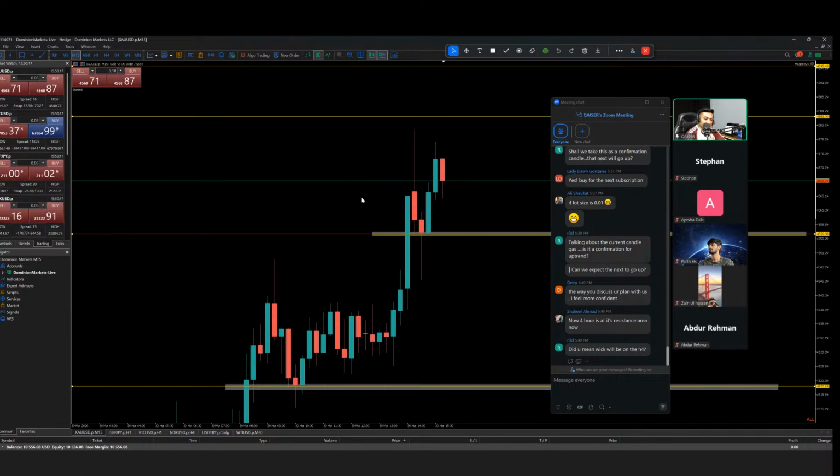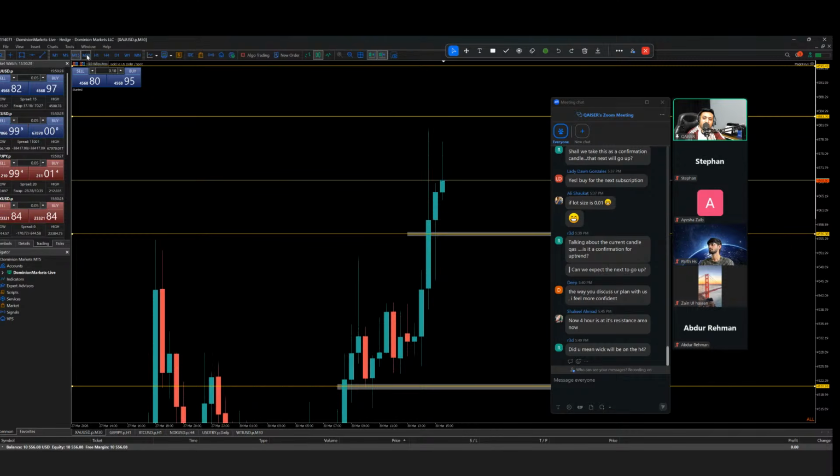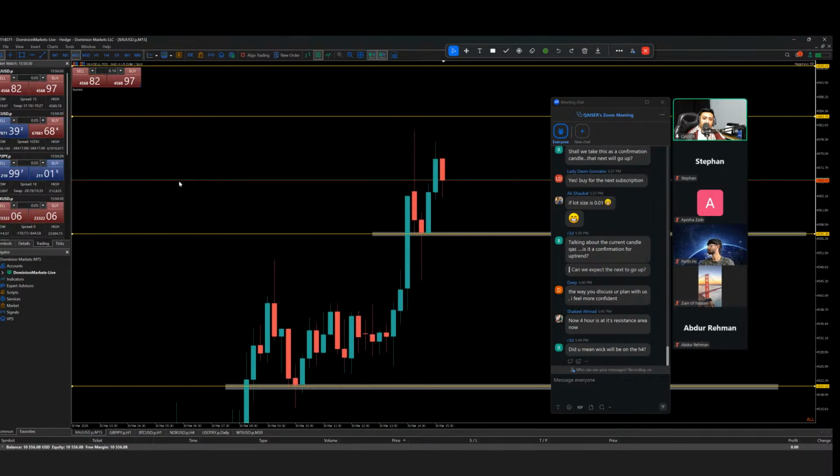Once you build these rules and stick with them, it means you are making boundaries around your psychology. Make sense? So once the market doesn't hit your boundaries, you're not going to lose money psychologically.